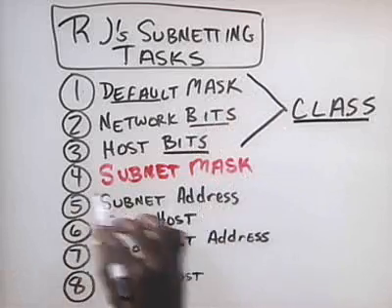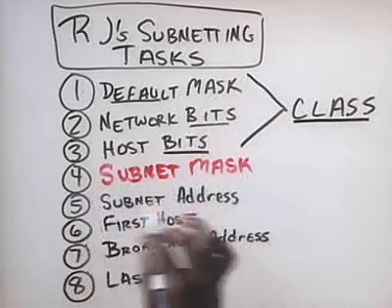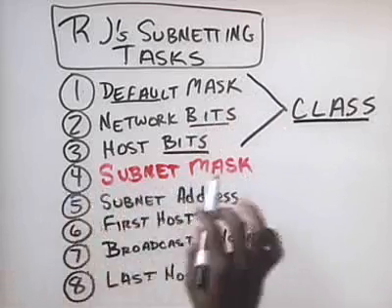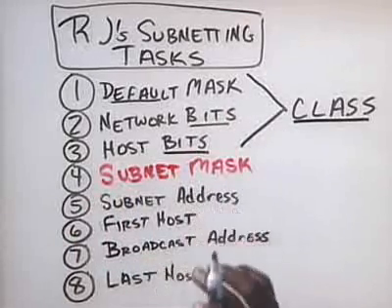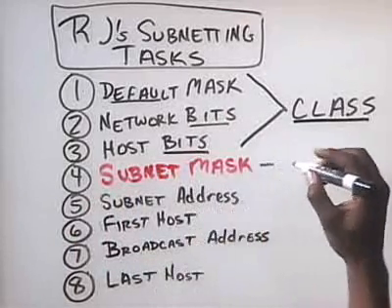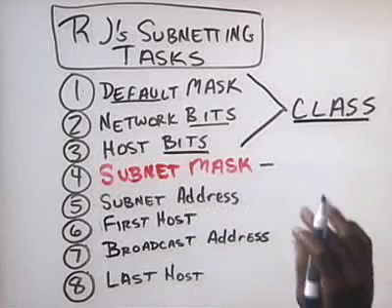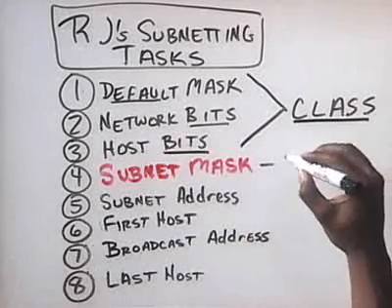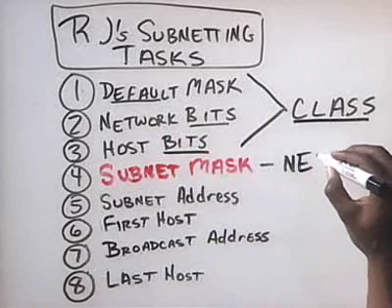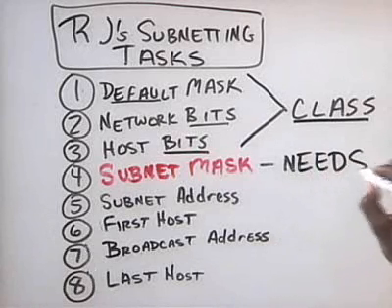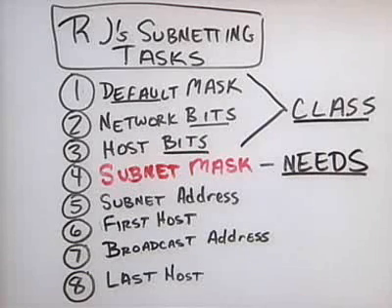The 4th task or rule that we want to look at is the subnet mask. We'll find our subnet mask based on a very technical term. You want to make sure you write it down correctly and spell it correctly. That term is needs.